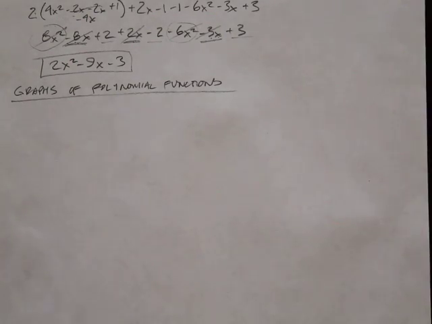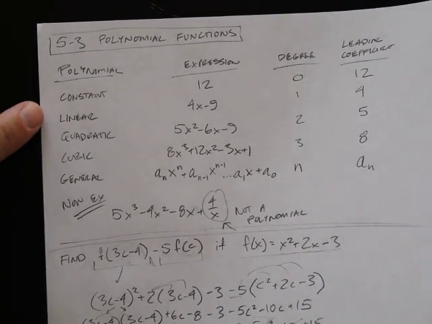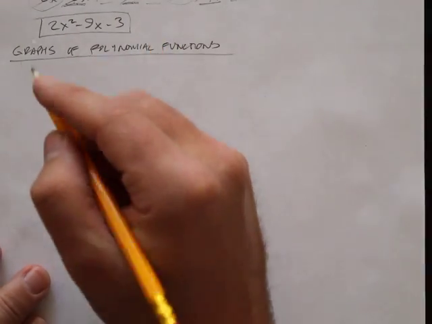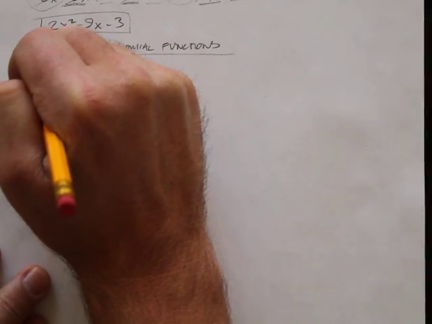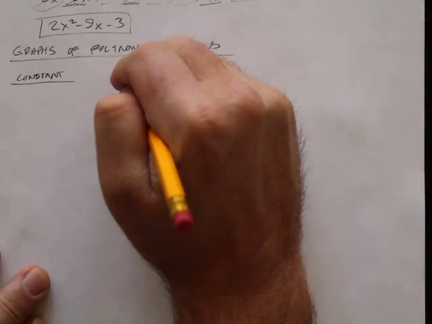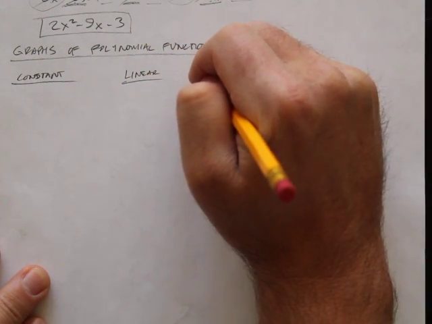And we're just going to draw. So we've got all of these different functions here that we looked at in the beginning, and we're going to see what each of those looks like as a graph. So we've got a constant, we have a linear and a quadratic.